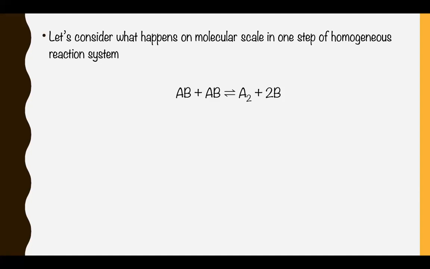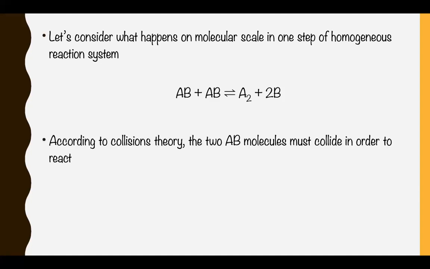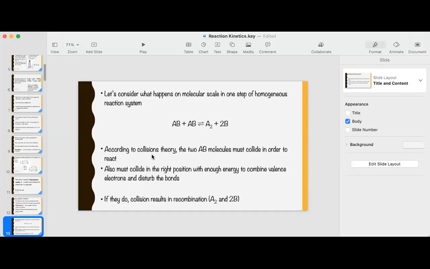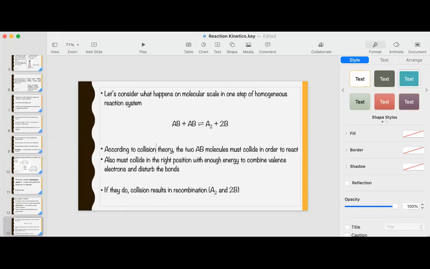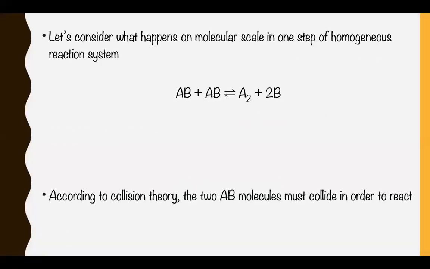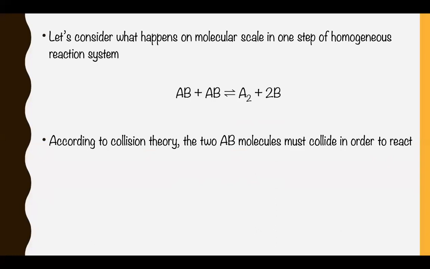So if I have a reaction system, so I've got AB plus AB yields A2 plus 2B. According to collision theory, let me change that, collision theory, not collisions theory. In order for a reaction to occur, these 2 AB molecules have to collide.